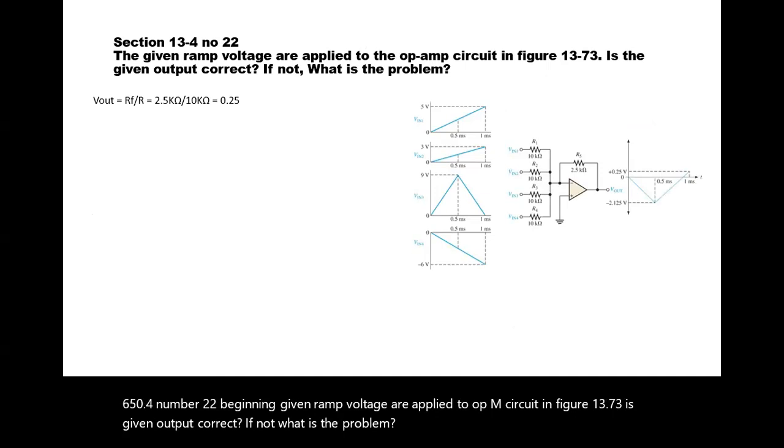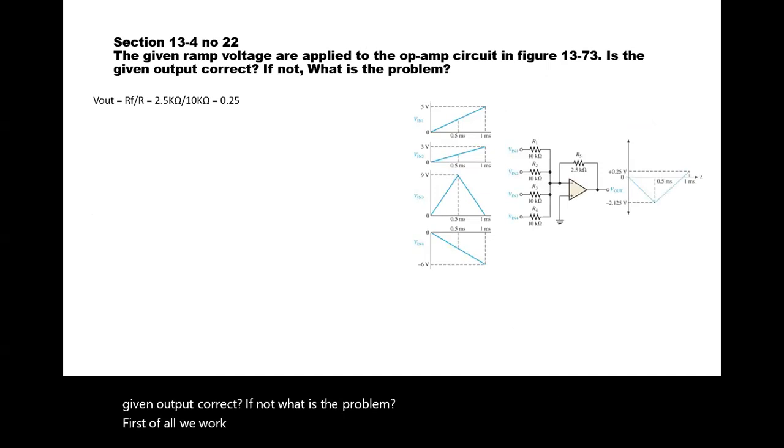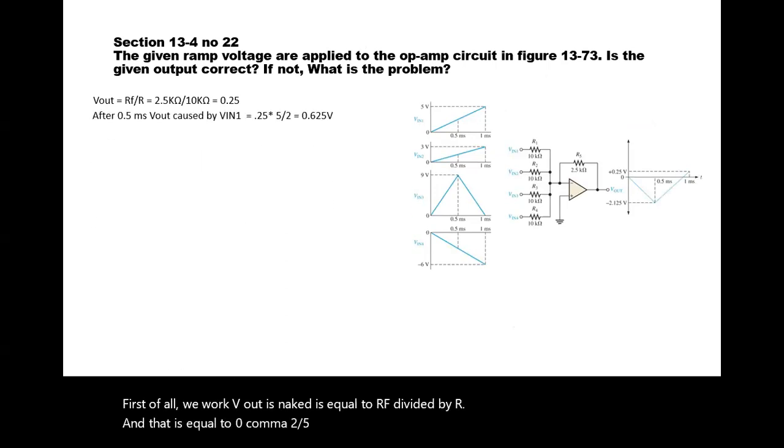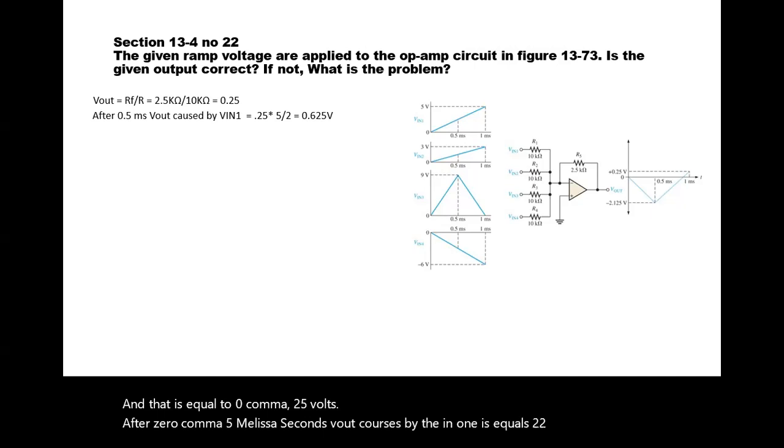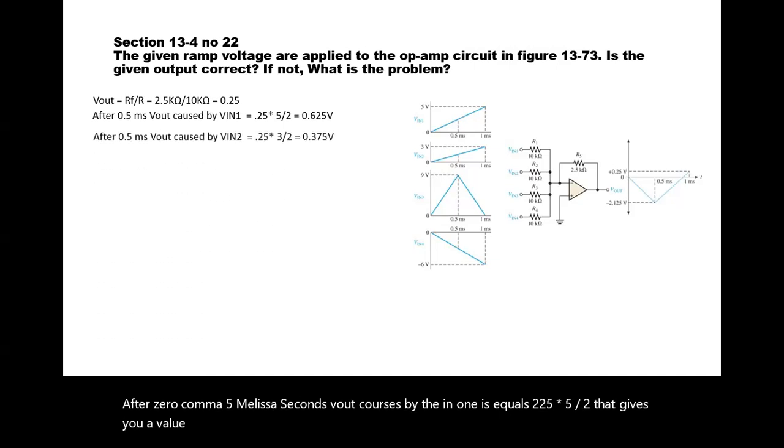First of all, we work out where V out is equal to RF divided by R, and that is equal to 0.25 volts. After 0.5 milliseconds, V out caused by V in 1 is equal to 0.25 multiplied by 5 over 2. That gives you a value of 0.625 volts.